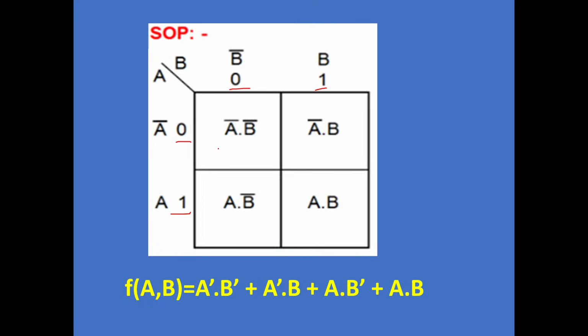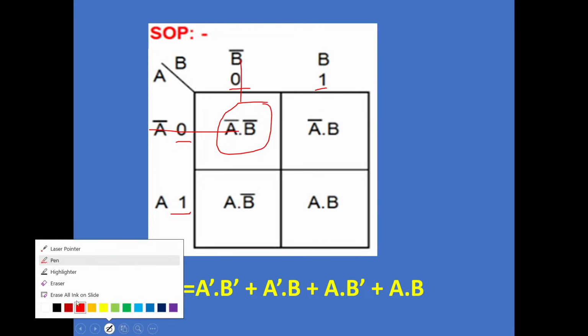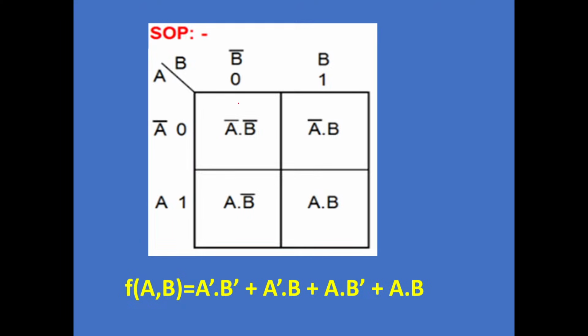So what is it in the first box? Just look at the top and left side. On the top B bar is there, on the left side A bar is there. So write down A bar B bar. Similarly, for the next box, on the top B is there, on the left side A bar is there. So A bar B.